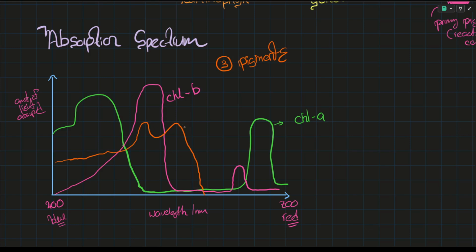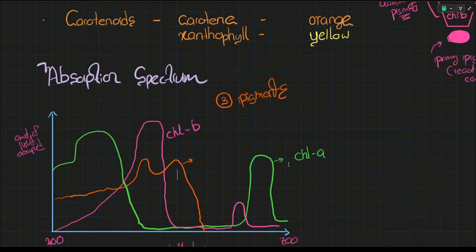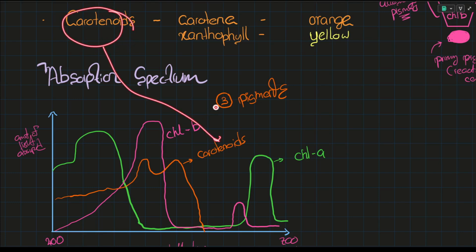And this line is when combined, carotene and xanthophyll, so you typically refer to them as the carotenoids. It's not easy, just by using these UV visible spectrophotometers, we can't really differentiate between carotene and xanthophyll.